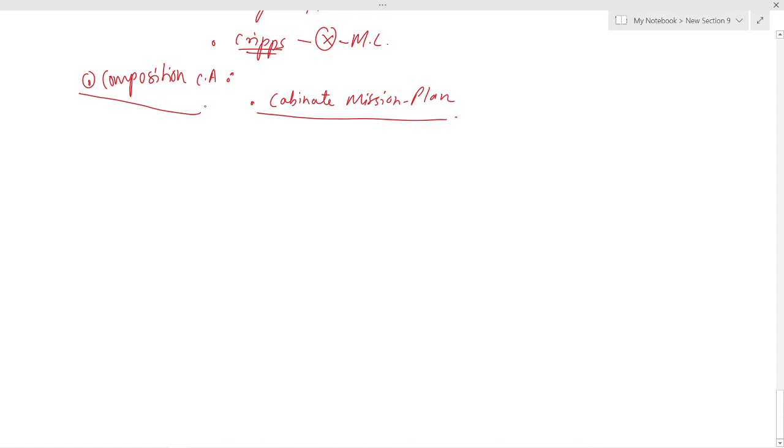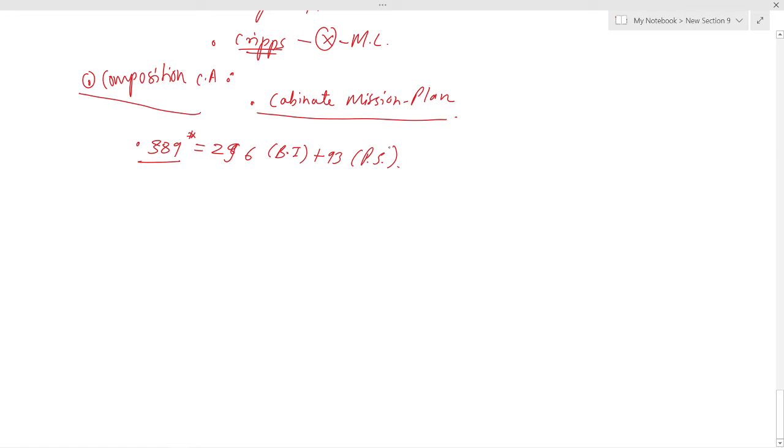The features of the scheme are: 389 was the total strength of the Constituent Assembly, out of which 296 were for British India and 93 for princely states.